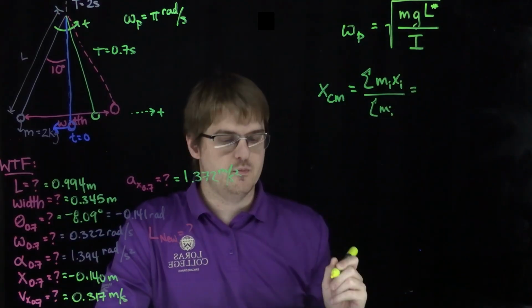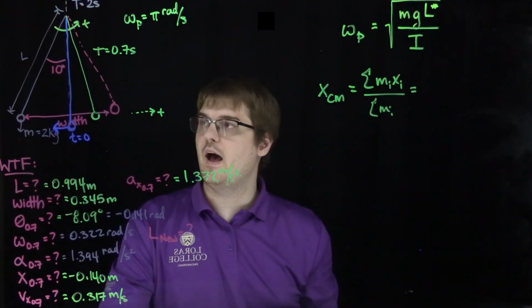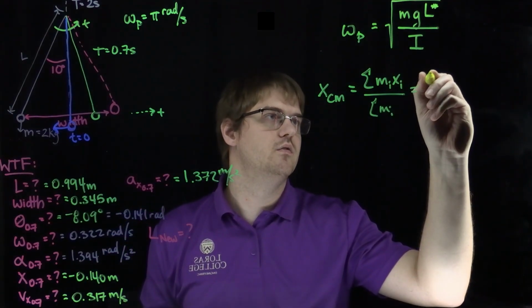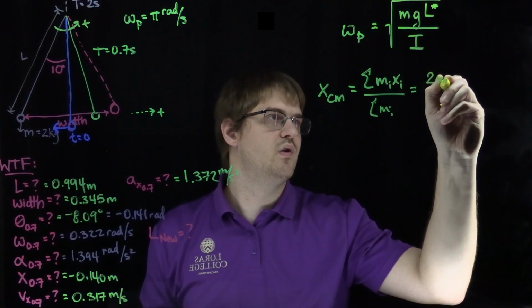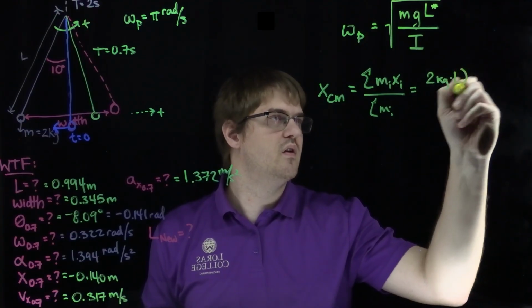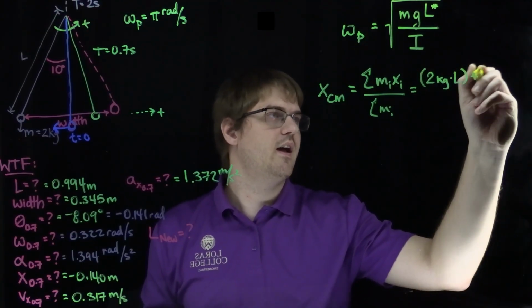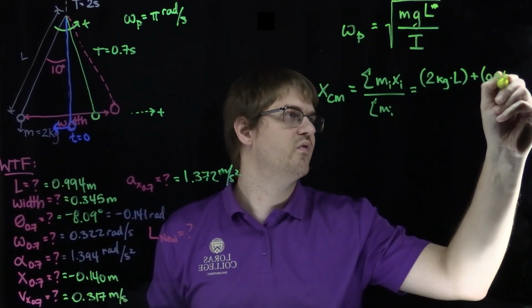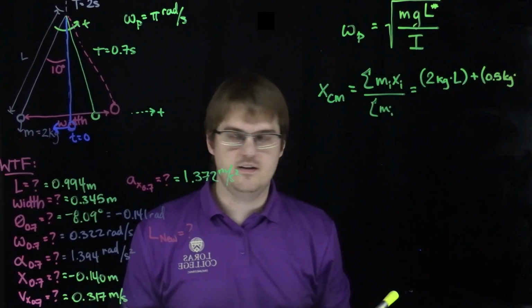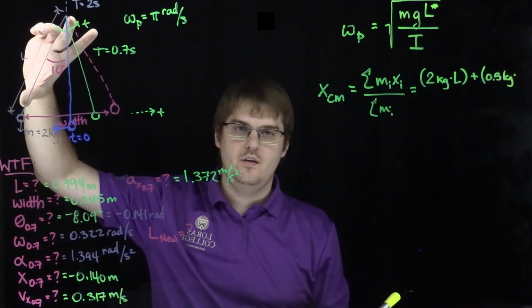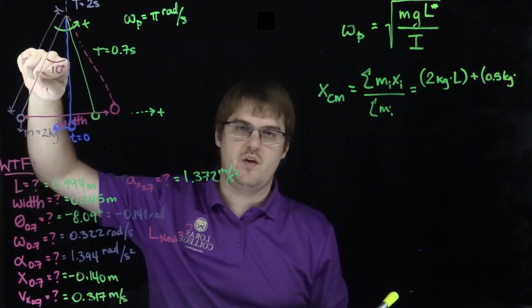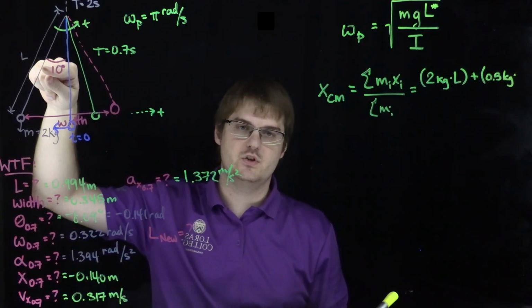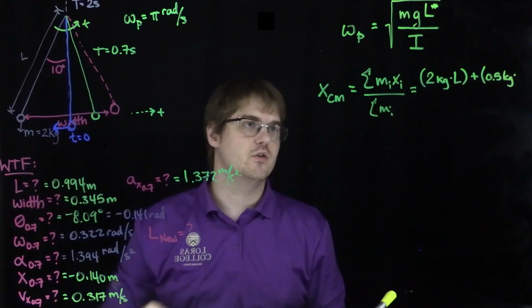So my different pieces, I have 2 kilograms acting at a distance of L. And I have 0.5 kilogram acting at a distance, well, the rod, the center of mass of a linear object, if we've got even mass, the average position, the center of mass is going to be the center of that rod.